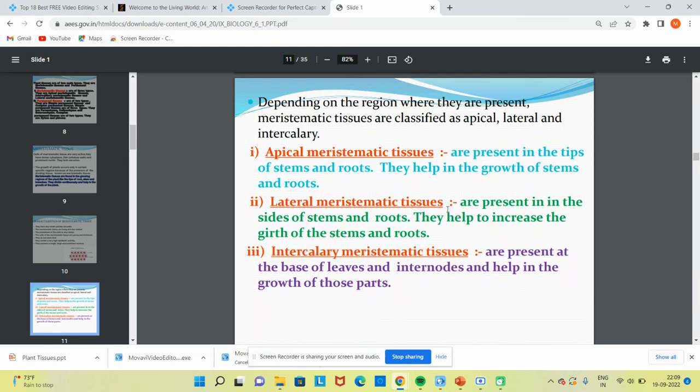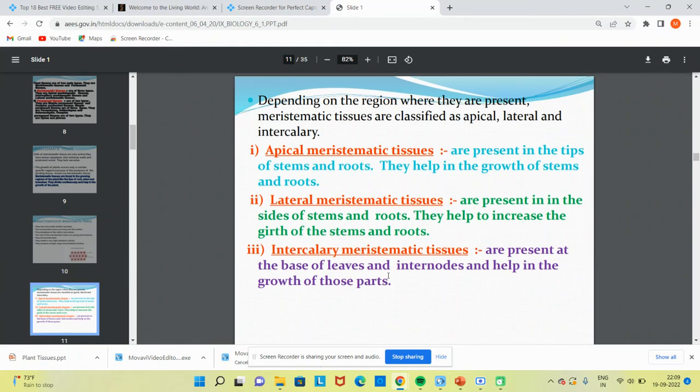Lateral meristematic tissues are present on the sides of the stems and roots, and they help increase the girth, that is the thickness, of the stems and roots. Whereas the intercalary meristematic tissues are present at the base of the leaves and internodes, and help in the growth of those parts, increasing the internodal region and the base of the leaf.